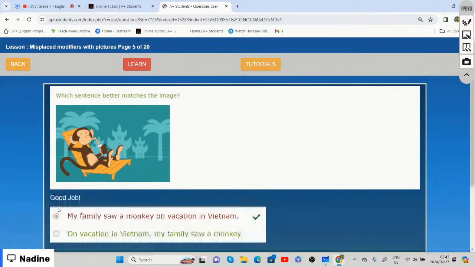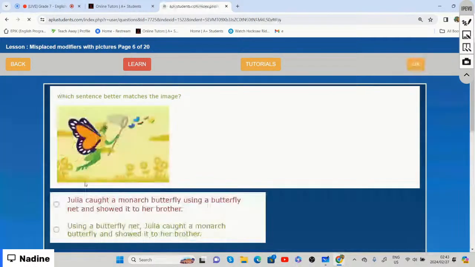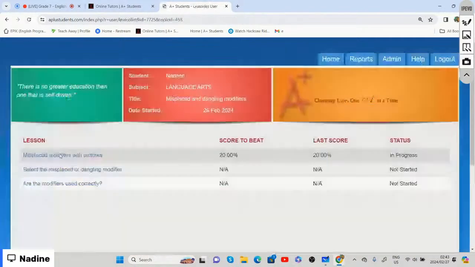Right? So there we have the monkey that is on vacation, sipping on cocktails, chilling, and living his best life. So the first option was correct. So we basically practiced misplaced modifiers with pictures where we had to match the sentence that directly matches the picture.